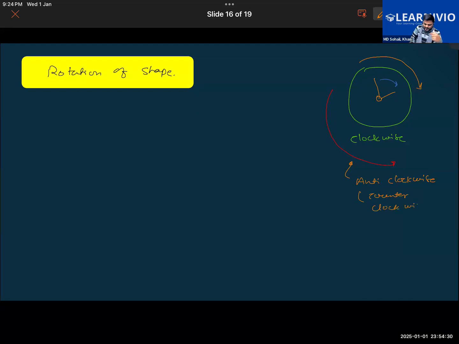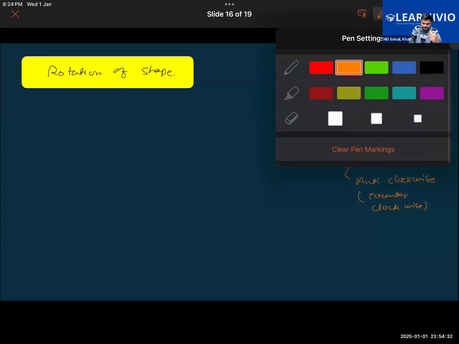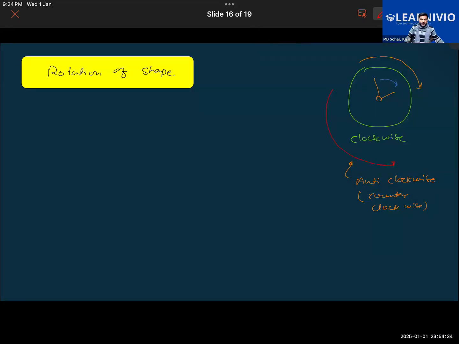That has the same meaning as the anti-clockwise. Okay. So what I'm saying is that when a shape turns clockwise or anti-clockwise around a fixed spot, the shape and the size of it will remain same, but its position will be changing.